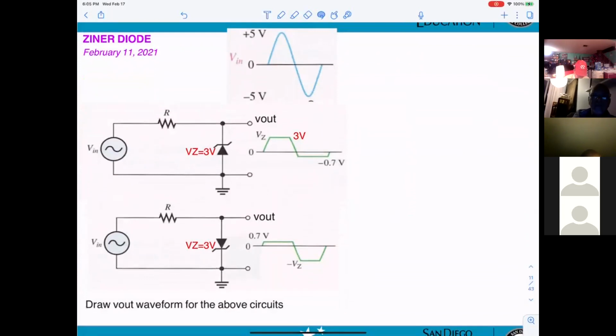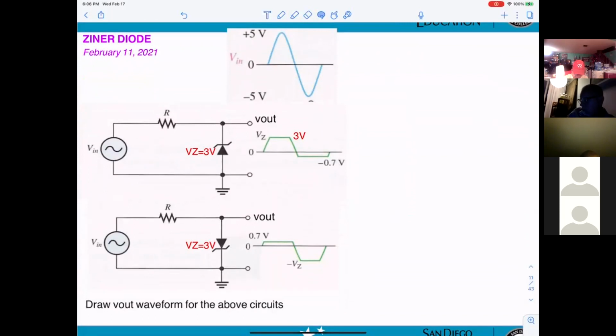Now, for this circuitry, the first one, they get VG equal to 3 volts. And they apply the sine wave, 5 volt peak or 10 volt peak to peak. And they want to know what happened at the output.